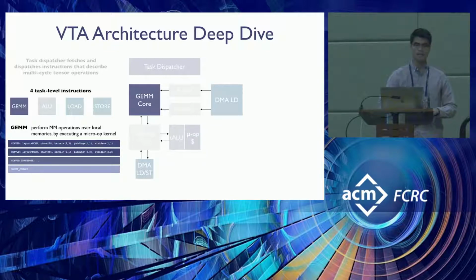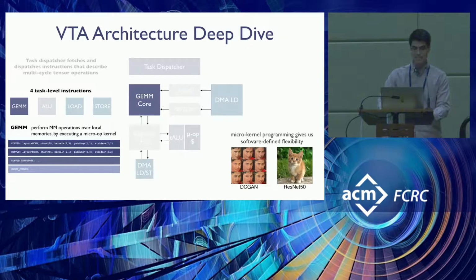We're talking about different operators like conv2d, group conv2d, conv2d transpose, dense, but also they might have different shapes, striding access patterns, etc. What this allows us to do is get software-defined flexibility. We're hardening the hardware, but then we can define different types of operators in software, and that lets us do different types of workloads from generative neural networks to more classical vision classification models.